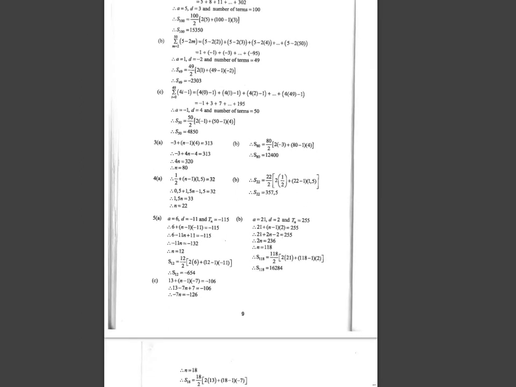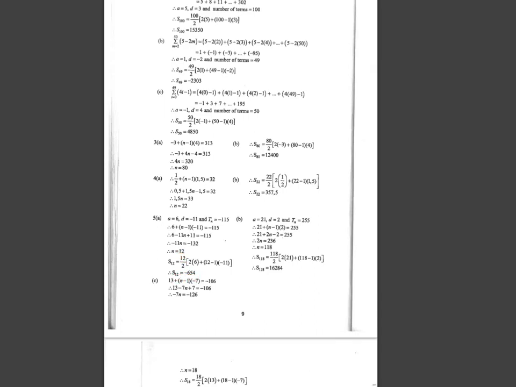Maybe just if you're battling with some of them, try these. Question 3A, there's 80 terms, and then you can find the sum. Question 4A, there's 22 terms in the sequence, and then you can find the sum. Question 5, you find the sum of the first 12 terms. You first work out n is 12.